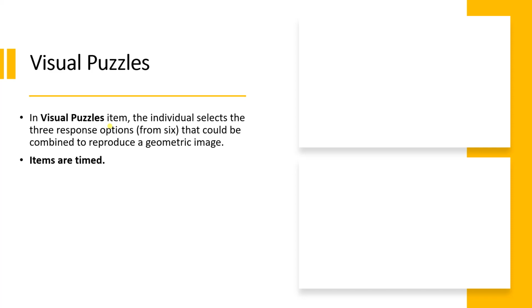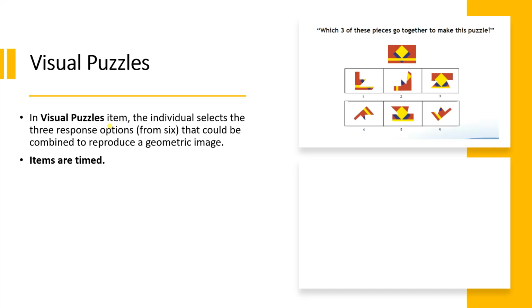In visual puzzles, the individual or the testee is required to select three response options from six responses that could be combined to reproduce a geometric image. And this test, unlike matrix reasoning, is timed. So there is a time limit. This is one example.